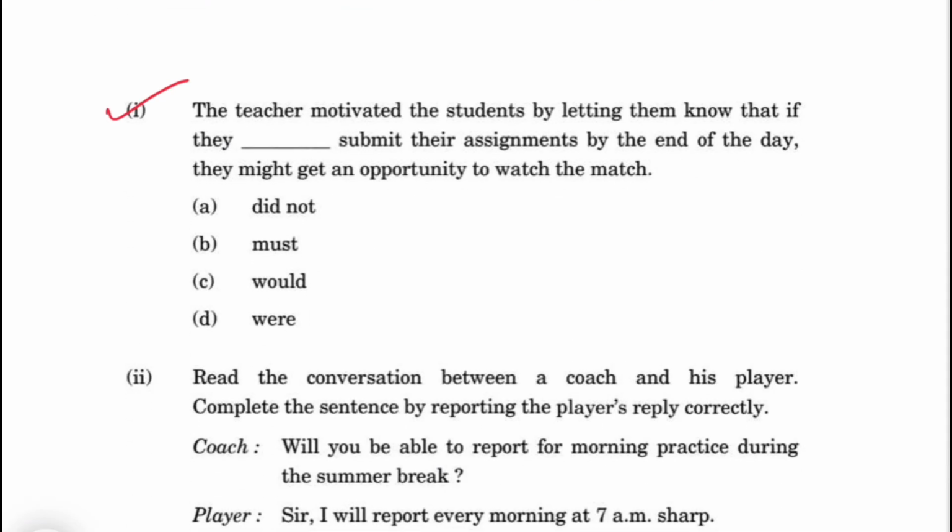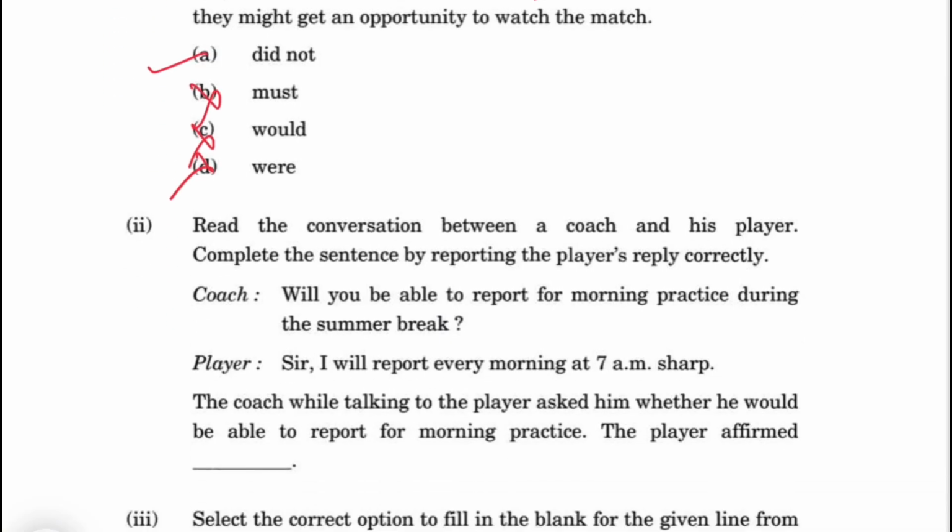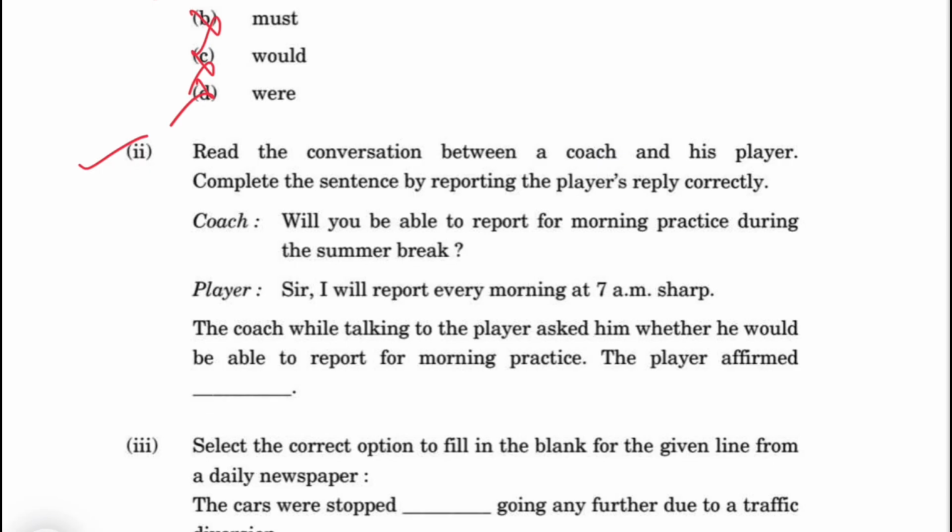Next sentence: the teacher motivated the students. Motivated means past. The students by letting them know that if they dash, so if they did not submit their assignments. So all three are incorrect. Next one: "Coach, will you be able to report for morning practice during the summer break?"